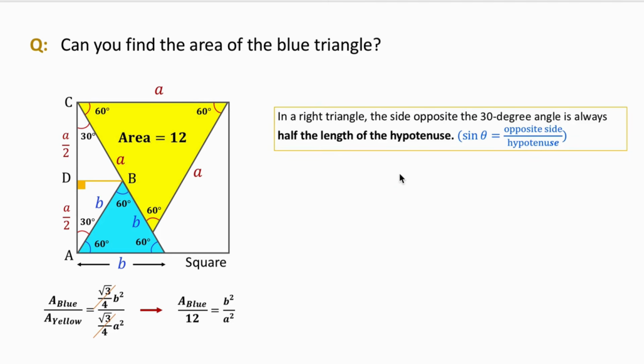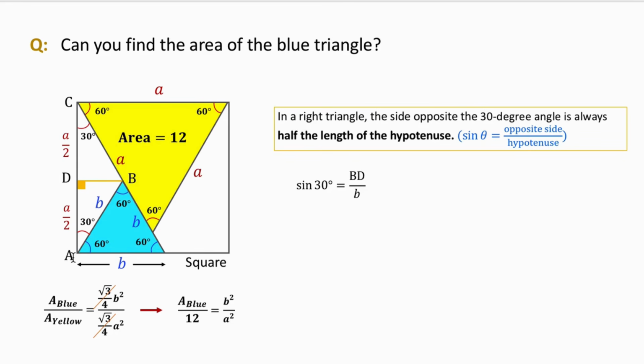Also, in a right triangle, the side opposite the 30-degree angle is always half the length of the hypotenuse. This rule is derived from sine function defined as the ratio of opposite side to the hypotenuse.